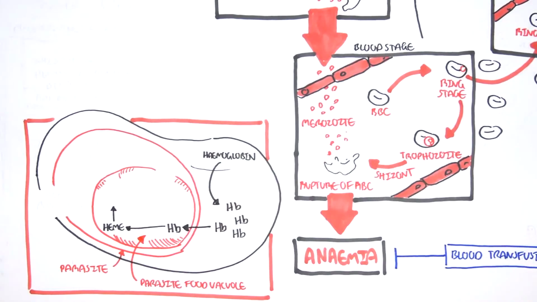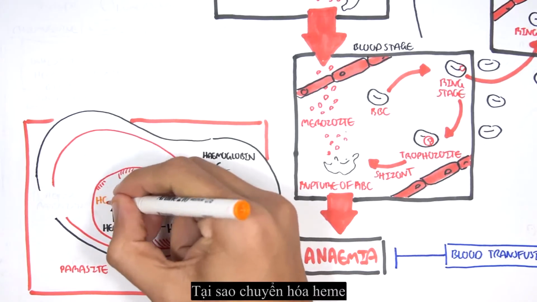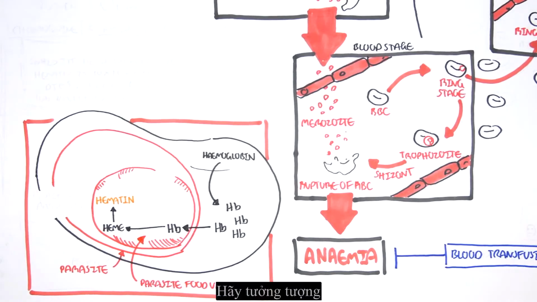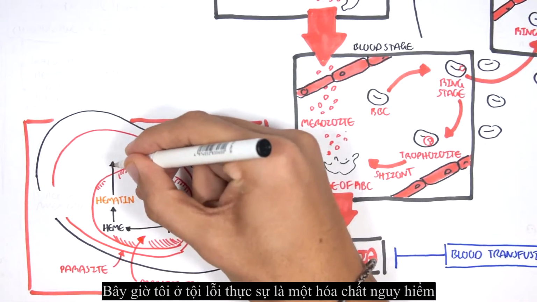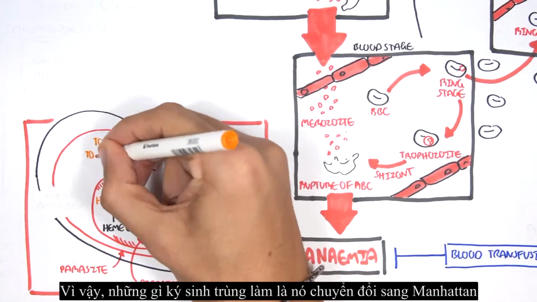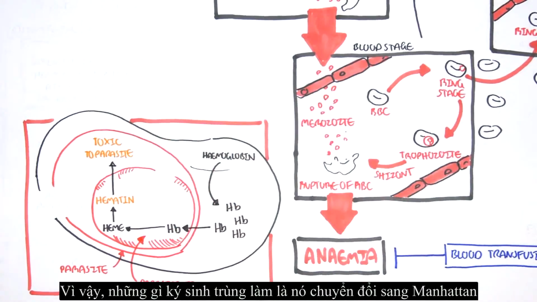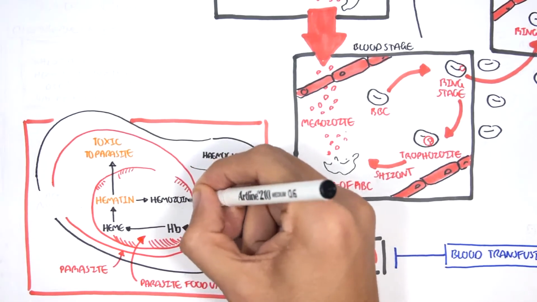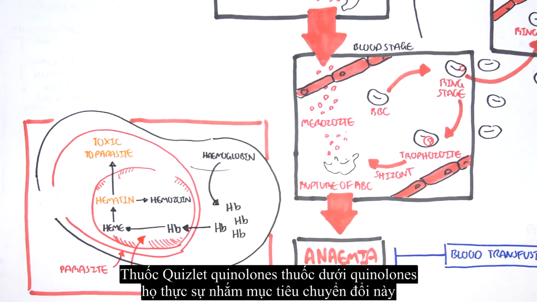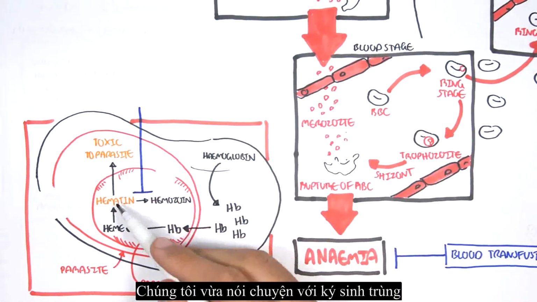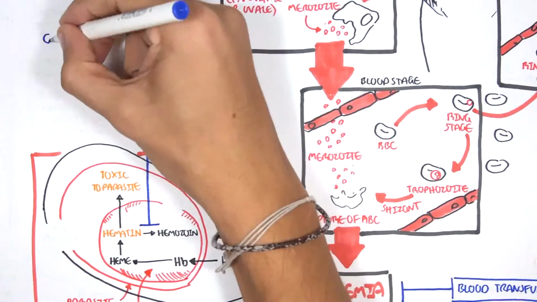The parasite uses heme for energy. While metabolizing the heme, the parasite actually converts heme into hematin. Now, hematin is a dangerous chemical, toxic to the parasite. So the parasite converts hematin into a non-toxic form called hemozoin. Now the drugs under quinolones target this conversion from hematin, which is toxic to the parasite, to hemozoin.